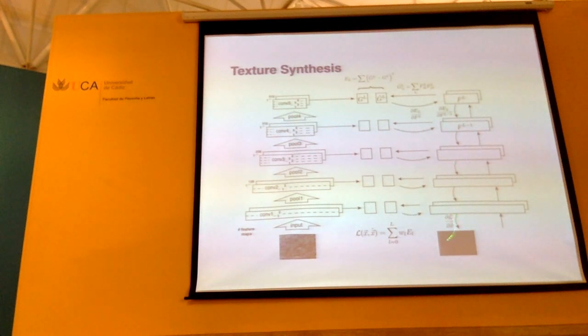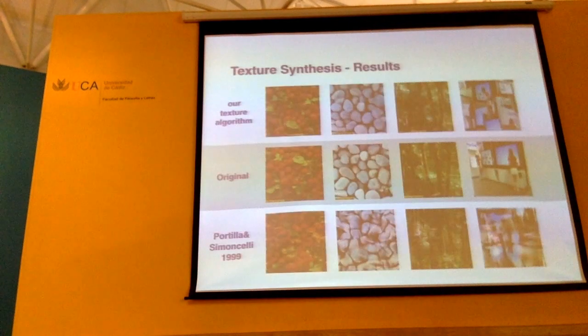You start from a white noise image, evaluate the squared distance between the gram matrices, and then propagate the gradient back in order to update your original image to make the output gram matrices more similar to the target gram matrices. Then you feed this again into the network, determine the distance, compute the gradients, propagate them back to an update, and if you do that several times, you can synthesize new textures.